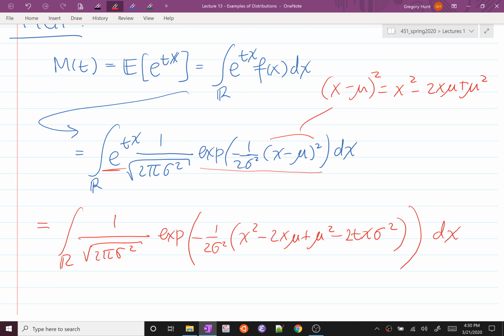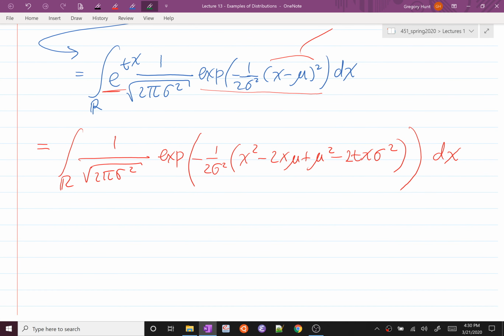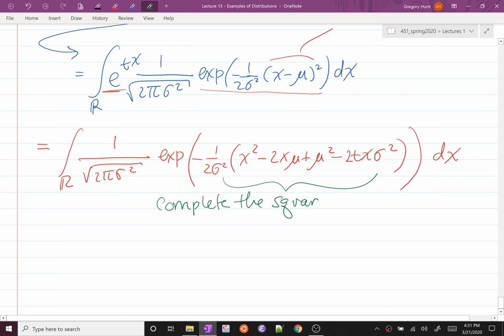So what am I left with? I want to convert this into the PDF of a normal. I would really want to recognize this as the PDF of a normal. And so what I'm going to do is complete the square. So what do I have? I have an x squared.